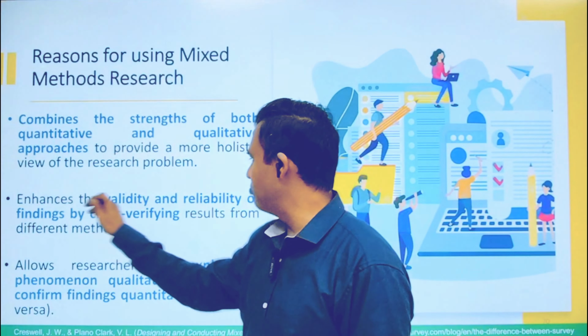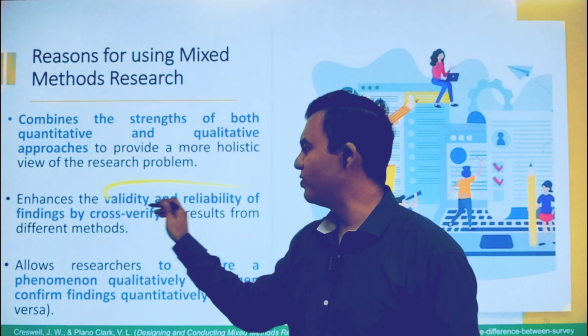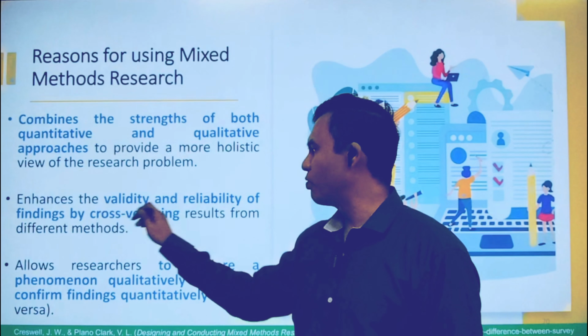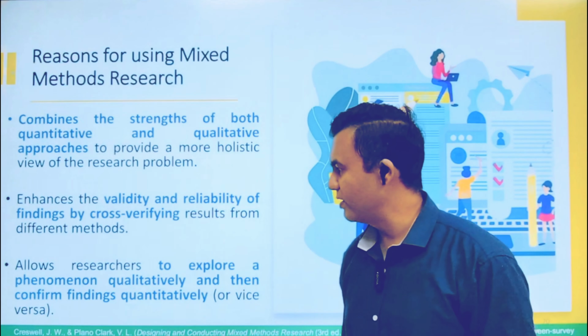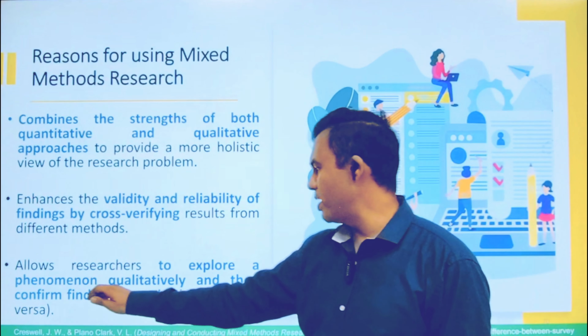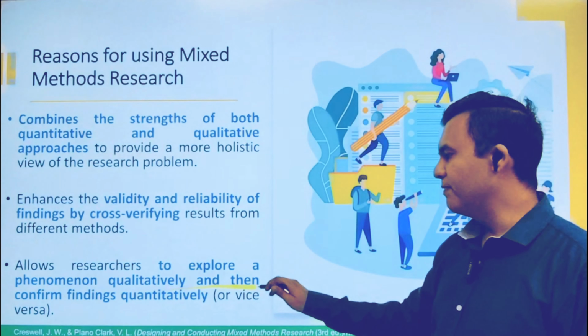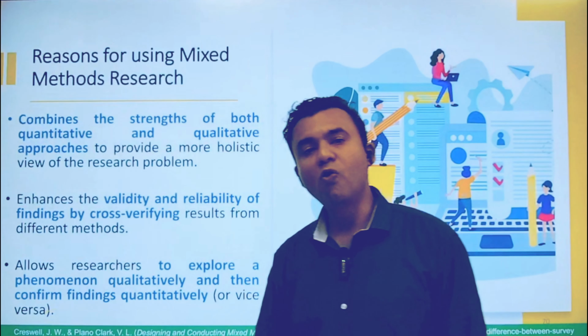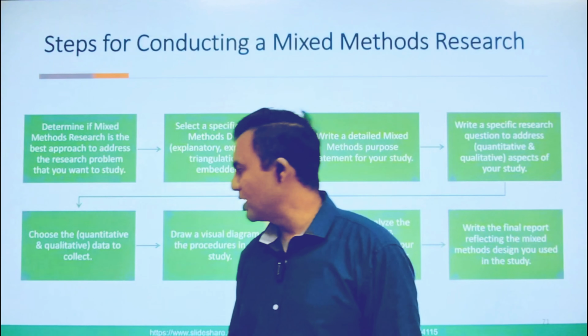And it enhances the validity and reliability of the findings, because we can do the cross verifications also. And it allows researchers to explore the phenomena qualitatively and then confirm the findings quantitatively, right? So that's why we use it.